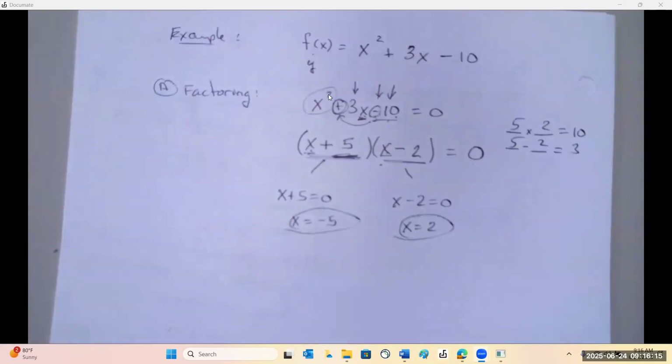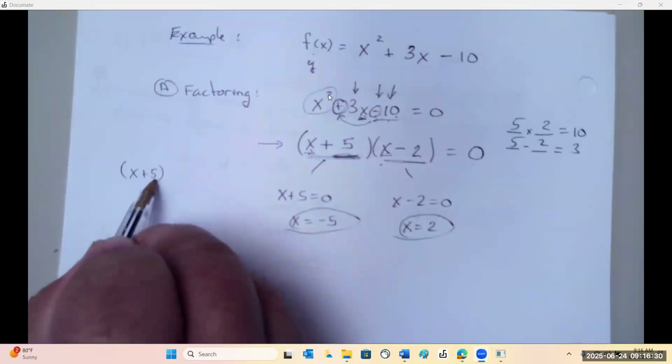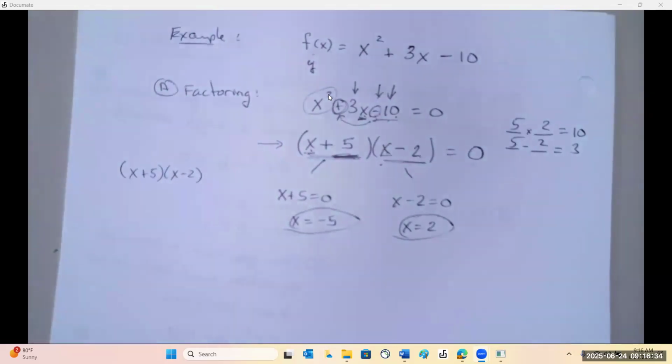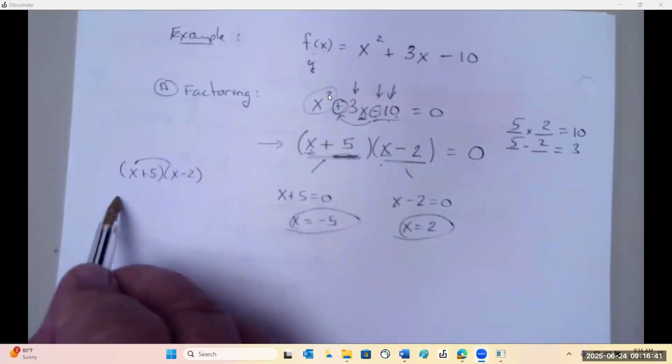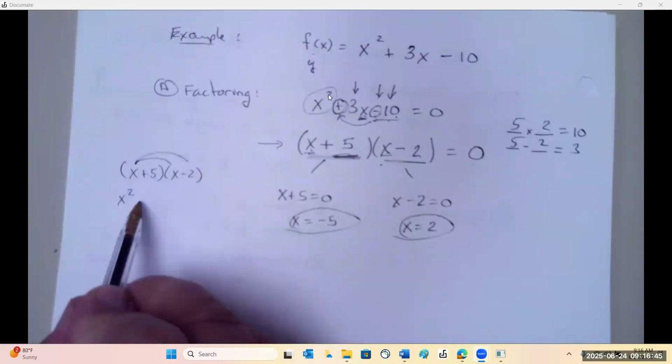Okay, really what we should do here is always check your answers before you go any further. There's a couple ways we can check this. One way, from here, if we took x plus 5, x minus 2, and if we multiply them together, what happens? Let's see. X times x is x squared. Positive times negative is negative.